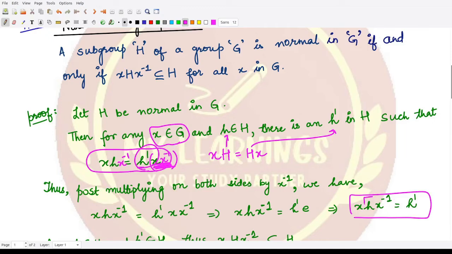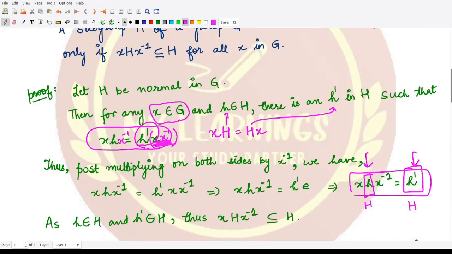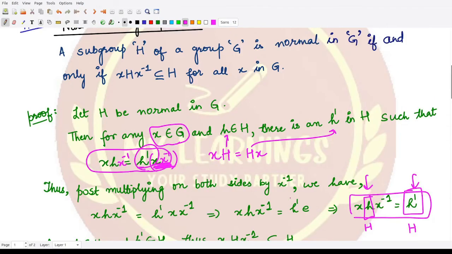Because this is a member of the subgroup and this is also a member of the subgroup, and these were arbitrary elements, this relation is true for all the elements of H. Hence in general we can write that small x into capital H into small x inverse is contained in capital H. So this proves one part of the proof.